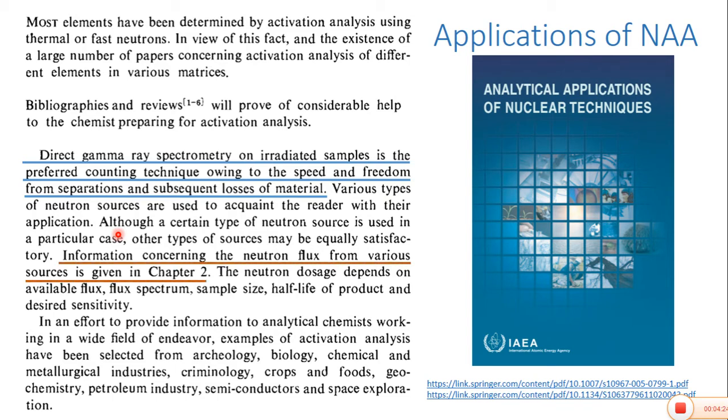Information concerning the neutron flux from various sources is given in chapter 2 of this monograph, which I shared with you in previous lectures. That chapter gives a lot of information about the different neutron fluxes, and you may choose according to your own need.